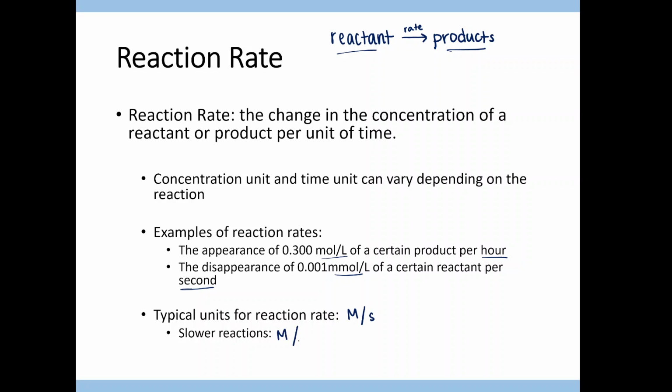So it could be molarity per minute or molarity per hour for really, really slow reactions. Because that molarity is changing at a much slower rate. So instead of molarity per second, we'd have molarity per minute and molarity per hour for really slow. So you'll see these types of units used for reaction rates. Some concentration unit divided by a time.